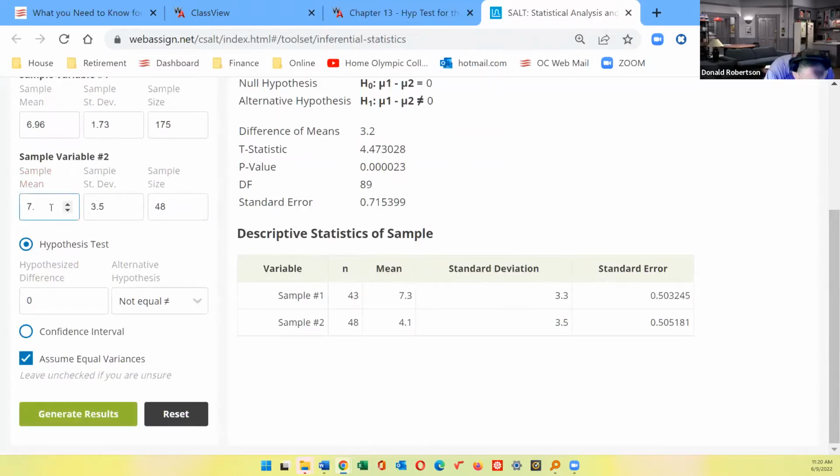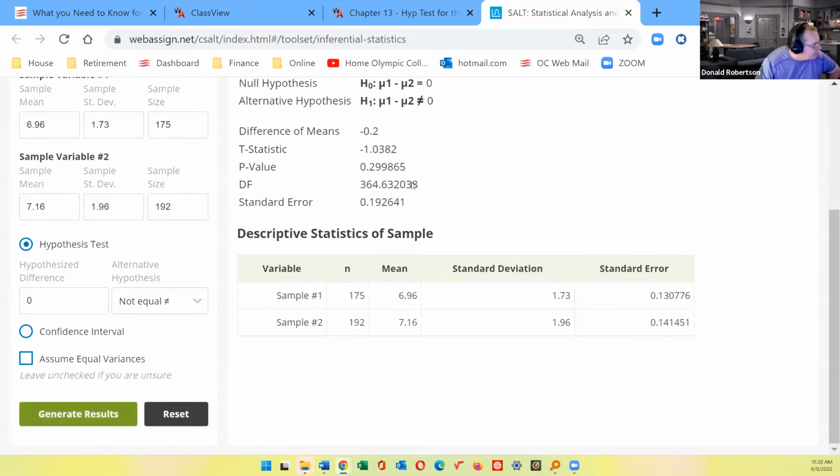If I remember, I don't think there was enough difference to be any evidence. There was no mention in that story of pooling the data or doing anything, so I'm kicking that off. That's the normal default position, not to use it. And then generate results.